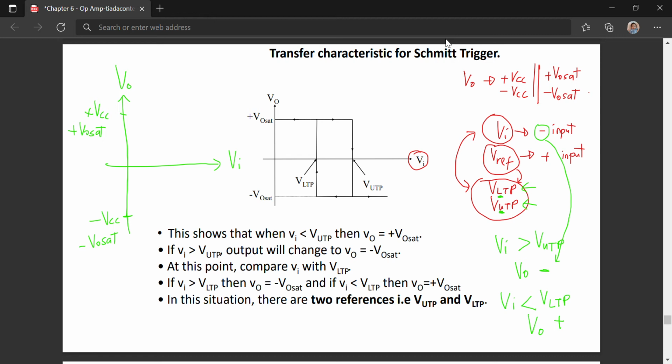And then at the input, your VIN you compare with VUTP and VLTP. So VLTP is the bottom value, VLTP, and VUTP is the upper value, VUTP.